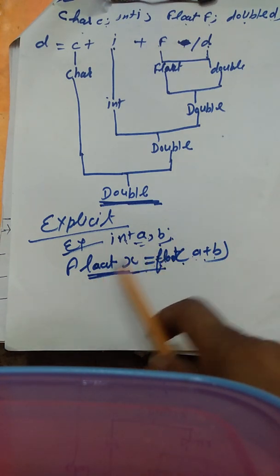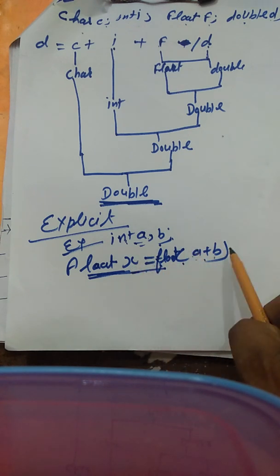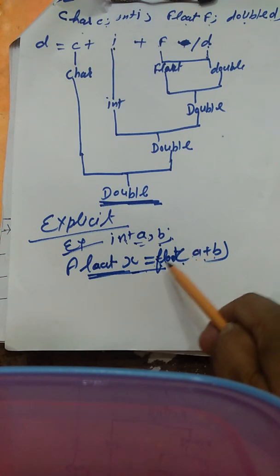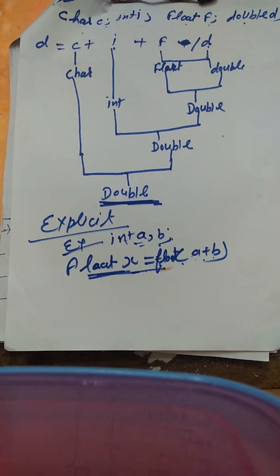Suppose we have to convert into float: x is equal to A plus B. So by force we convert into float by using float before the expression, which will cause the result to be forcibly converted into float type. Hence this type of conversion is called forced conversion or type casting.